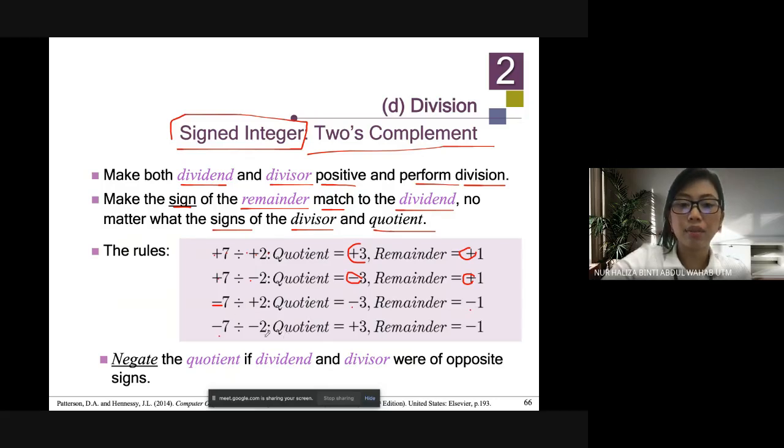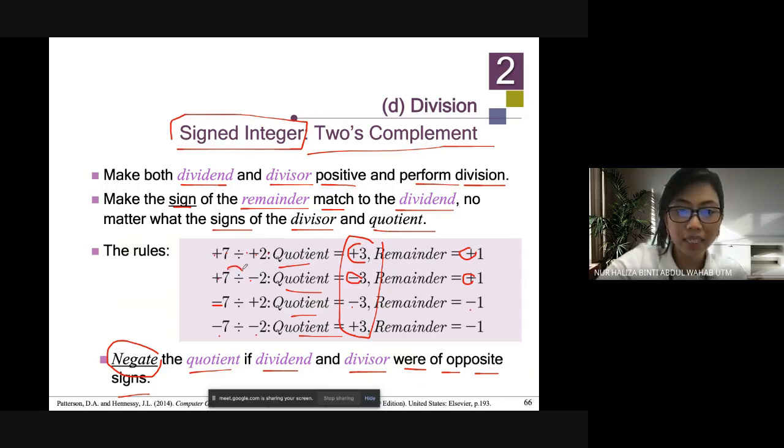And minus 7 and also minus 2, you get a positive quotient and a negative remainder. So negate the quotient if the dividend and divisor were of opposite sign. So you can see over here, you need to negate the quotient, which is basically 3.